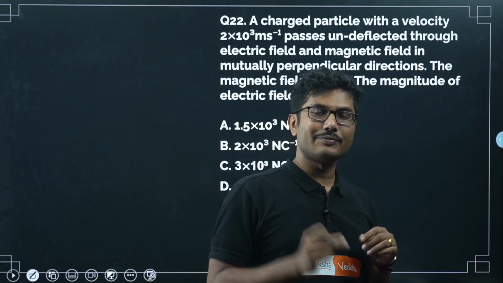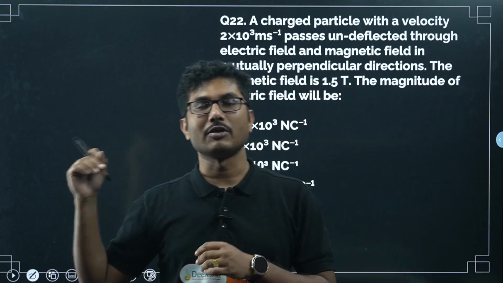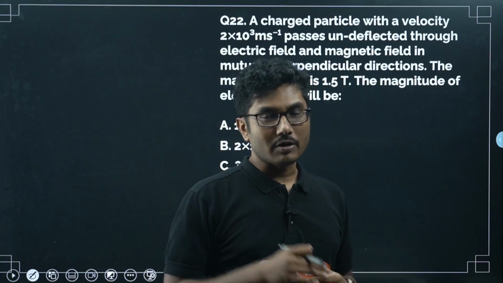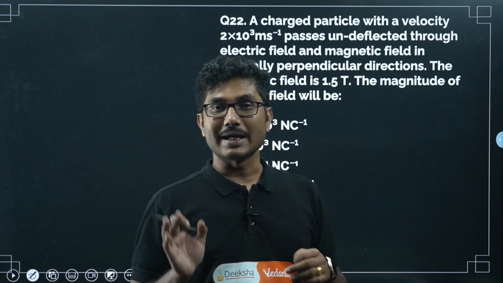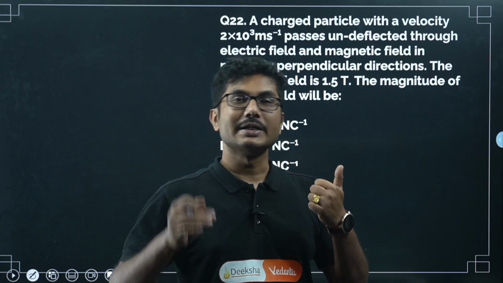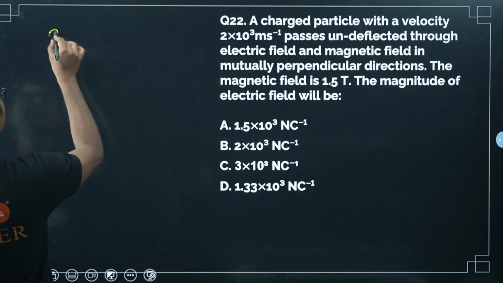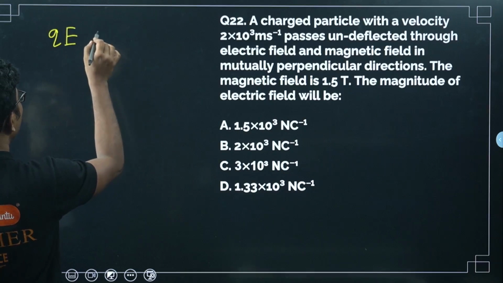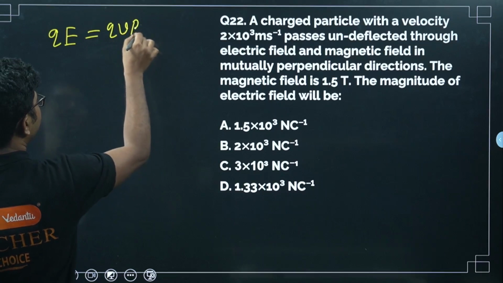We know that magnetic force and electric force may not be in the same line, because magnetic force is q V cross B, a cross product, whereas we can adjust the direction of the electric field such that the direction of V cross B is actually opposite to the direction of E. So basically, scalar wise, q E should be equal to q V B.